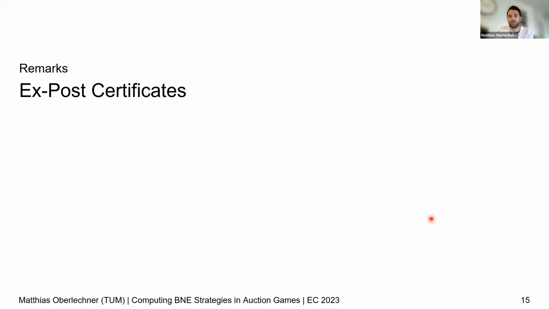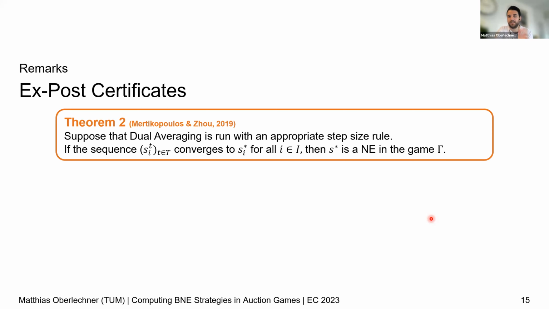And one very important result here, taken from Matthias and Su in 2019, says that if we apply dual averaging in our approximation game and the sequence converges to some strategy profile, then this limit point is a Nash equilibrium in the approximation game.